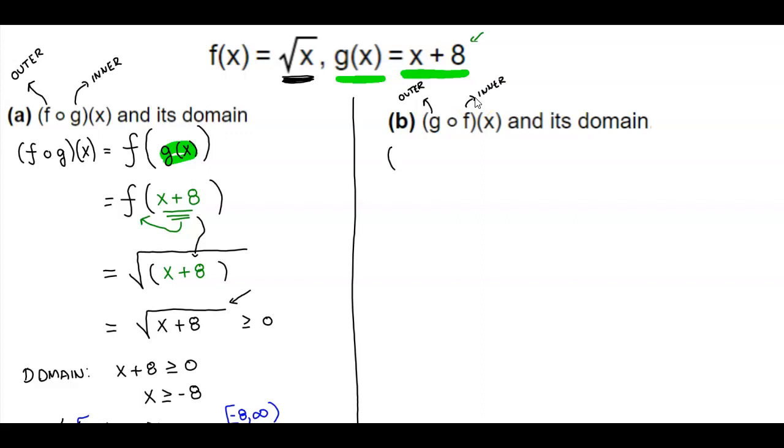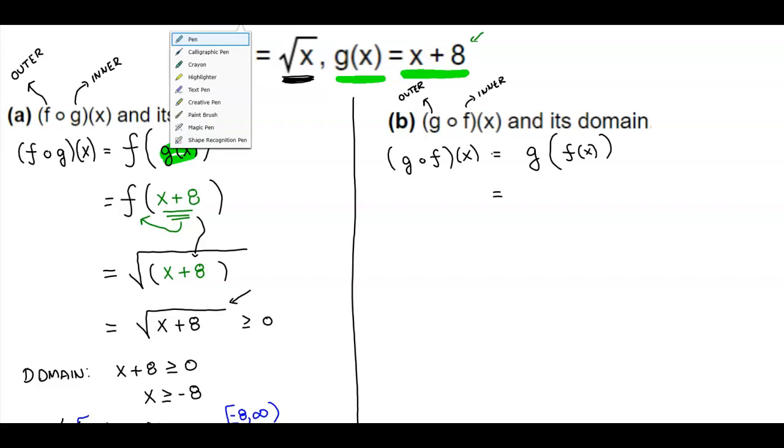So g composite f of x: g is on the outside, and on the inside now is f of x. So what does f of x equal? Well, f of x is the square root of x.